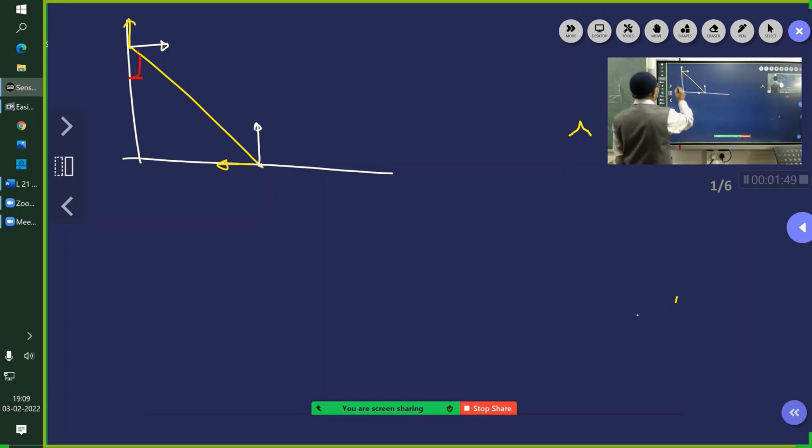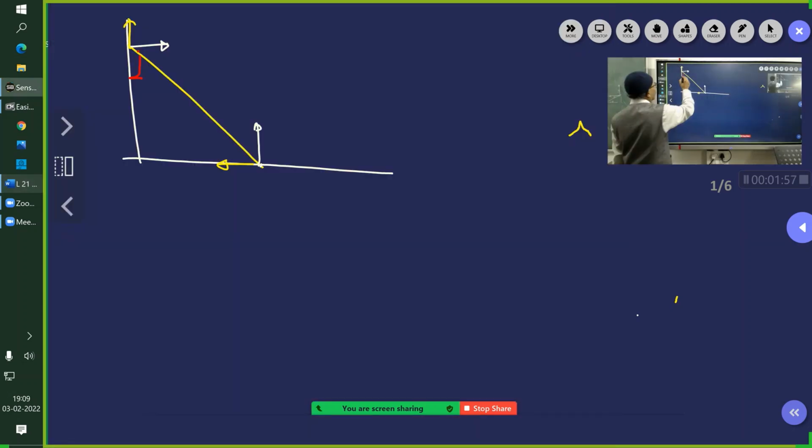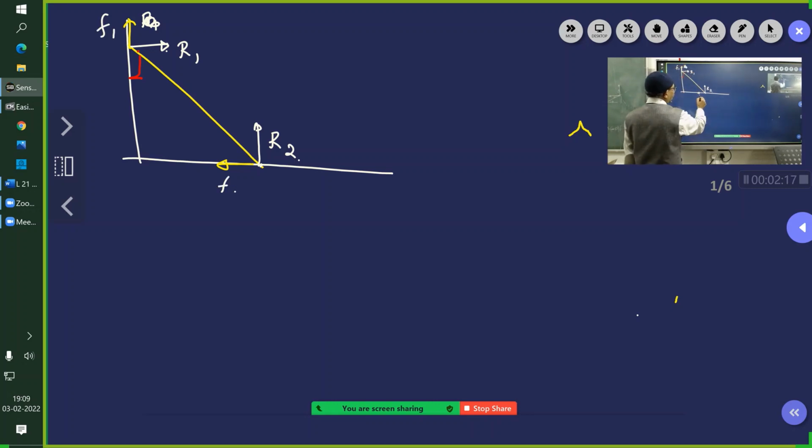They said mu1 is the coefficient between rod and wall. So this one will be R1, reaction R1, this is reaction R2, and here mu1 will come into picture. This is R1 and this is F1, frictional force. This force is F2, frictional force. Reaction is R2, and the weight of the rod.